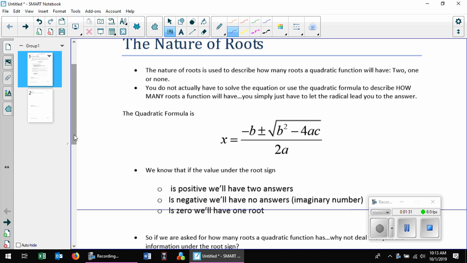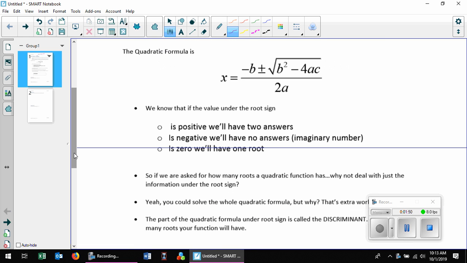What else do we call them? Roots, x-intercepts, and zeros. And zeros of the function. Brilliant. Okay, I'm glad you guys are around. So how many did we have? 1, because we didn't add or subtract anything. So you just figured that out. So if it's a 0, you have 1 root.